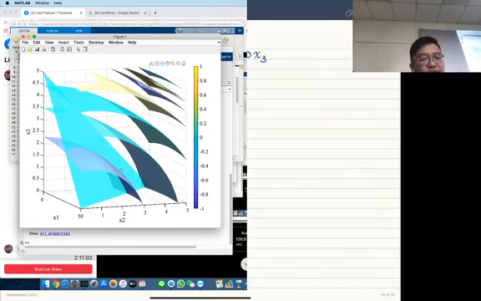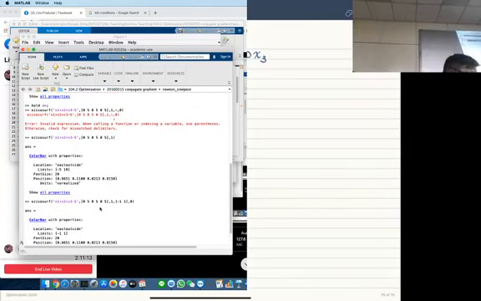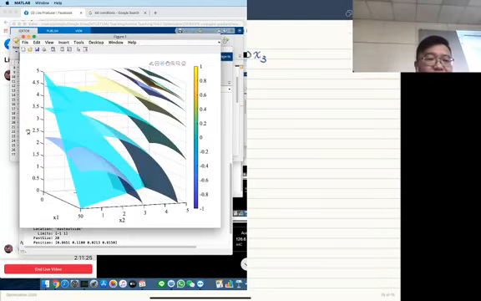So I need this to be larger than this. So the function is x1 plus x2 plus x3 must be larger than 5. Then I will have a plane like this.